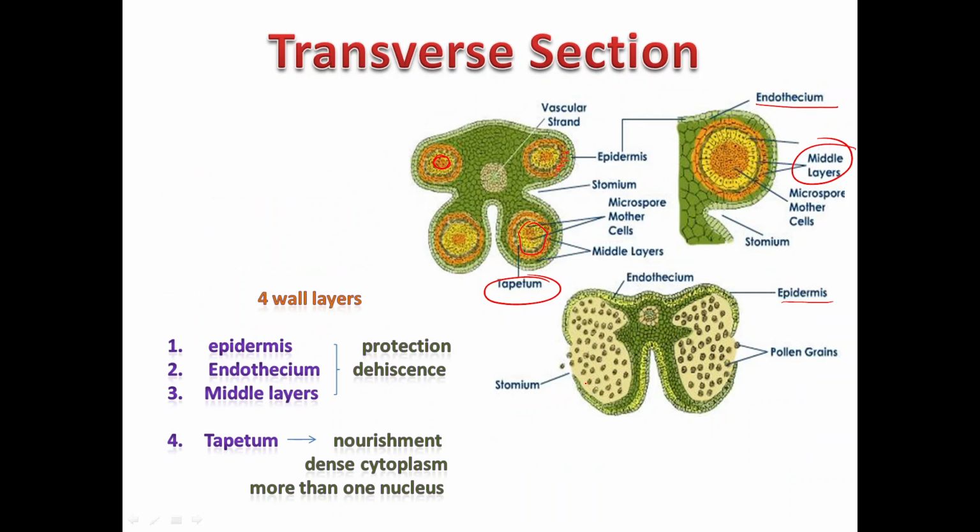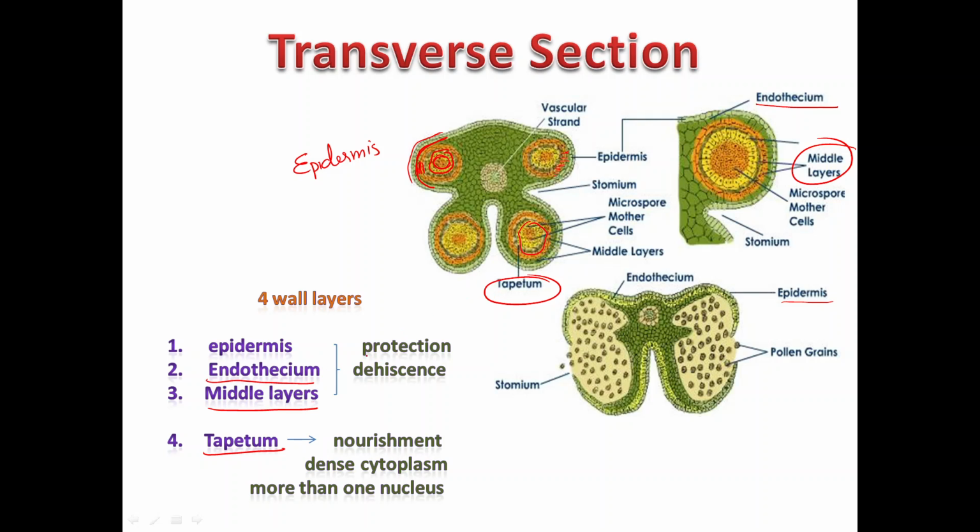So when we look into the microsporangia, it has 4 walls. Each microsporangia has 4 walls. The outermost wall is called epidermis, and then below that layer you have endothecium, and then you have middle layers, and the innermost layer is called tapetum. So these are the 4 walls.